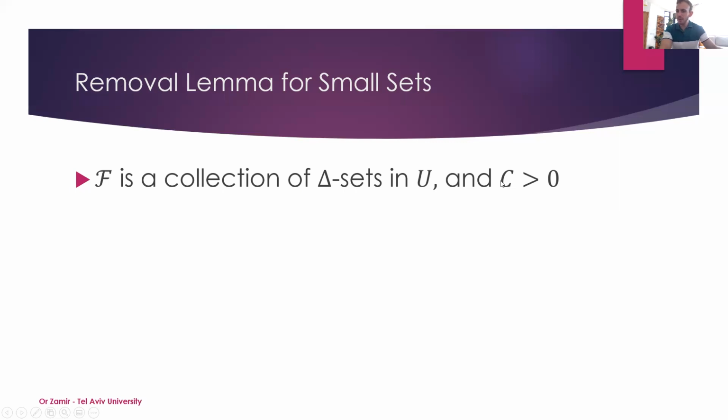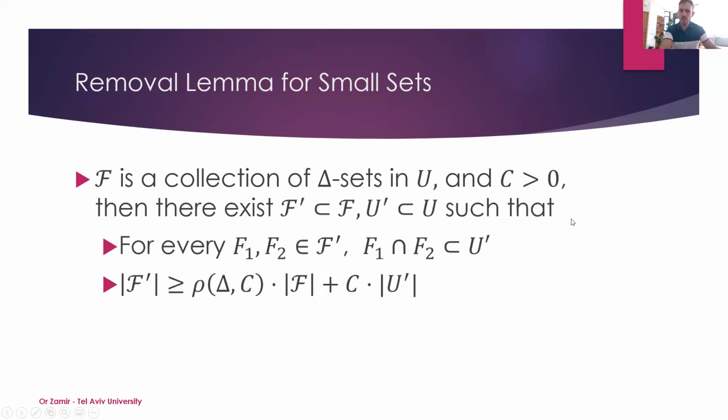And other than that, I also have some arbitrary positive constant C. Then I always have the following structure. I always have a subcollection F prime and a subset of the universe from which the set elements are taken, U prime, such that the two following conditions hold.